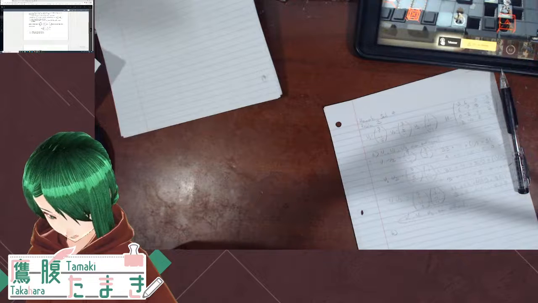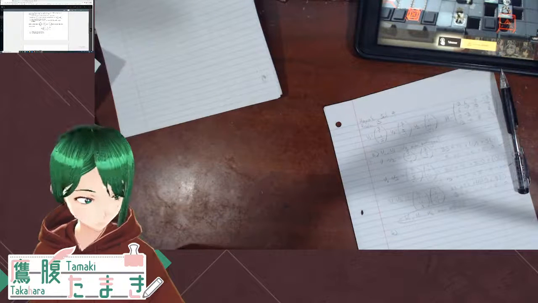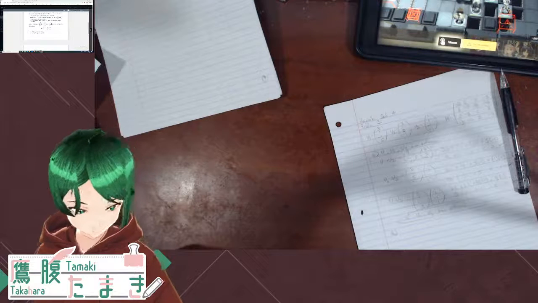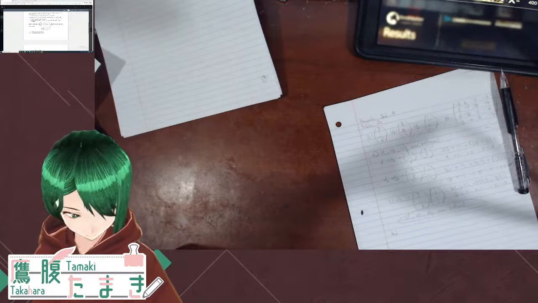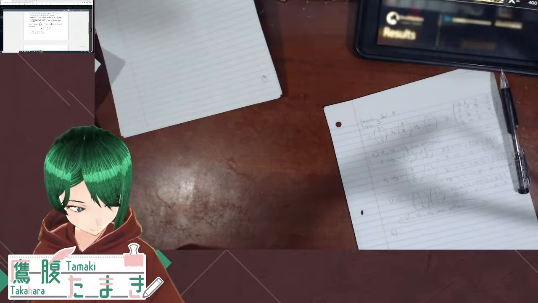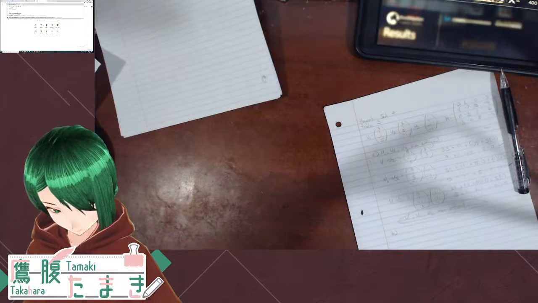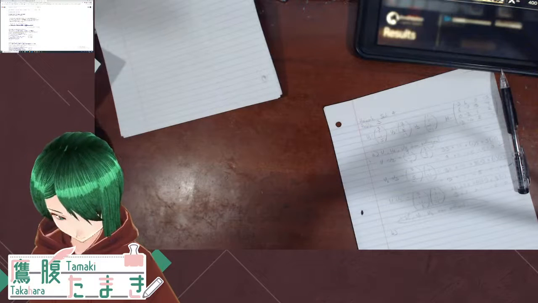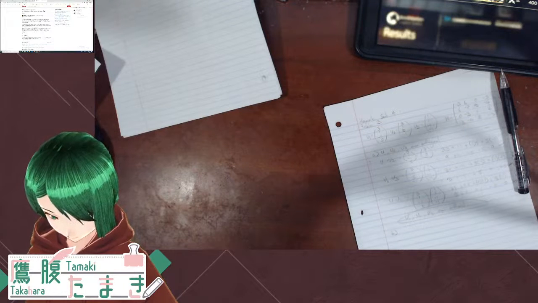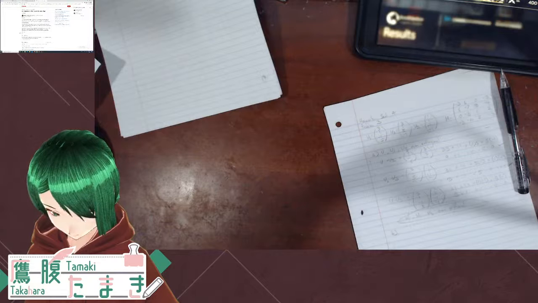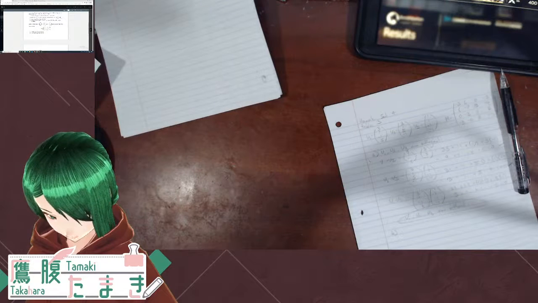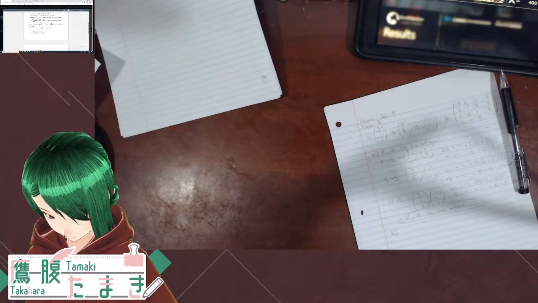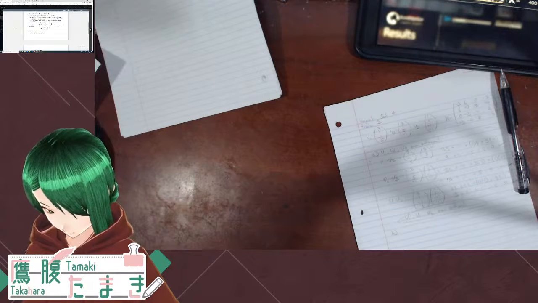Okay, so find the fourth eigenvector. And what do we say? I mean, honestly, it'd be faster to just find all the eigenvalues and then... So I guess how do I work backwards from here?